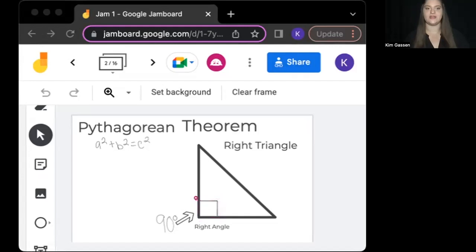That's how you know it's a right triangle. A right triangle has a right angle. If it doesn't have a right angle, this is not going to work. So this is only for right triangles that have a right angle. Okay.